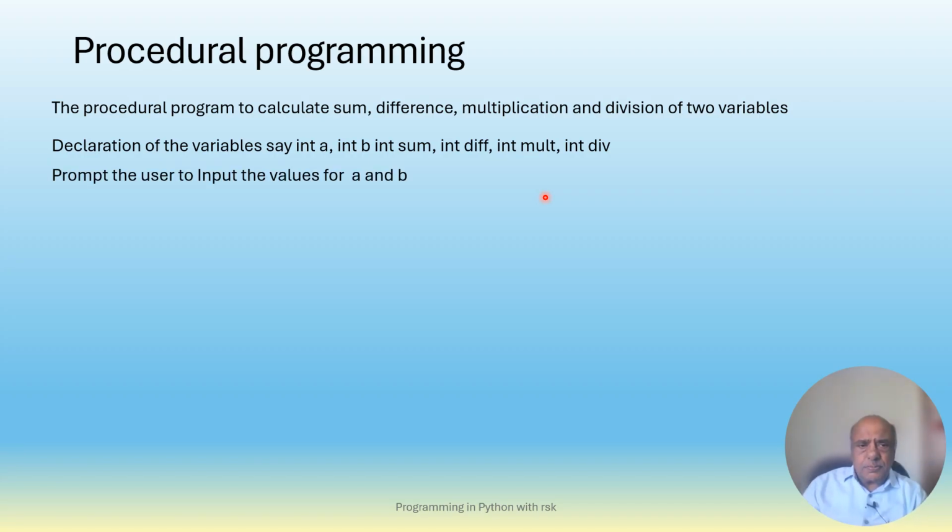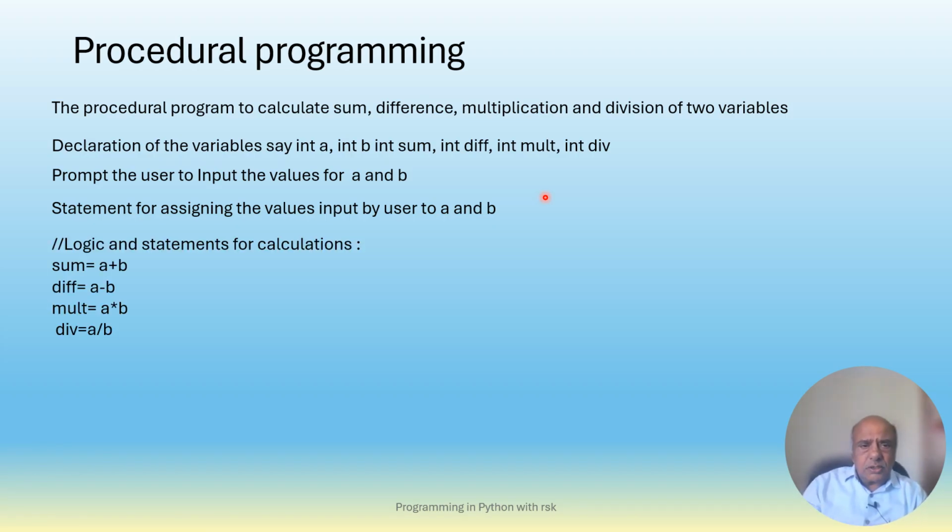Then the program will prompt the user to input the values for A and B. Then statements for assigning the values input by the user to A and B. Then the logic and statements for calculations: sum is equal to A plus B, and similarly difference, multiplication, division.